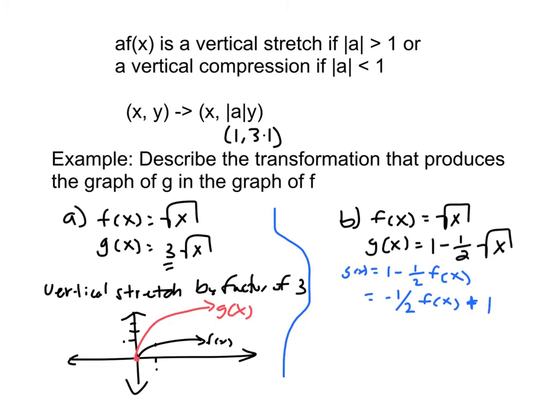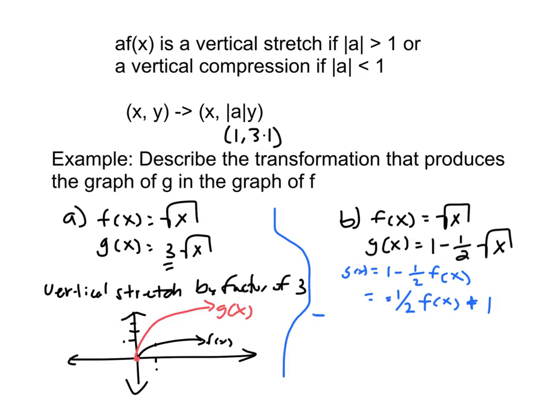All right. So now I have negative 1/2 f of x in the front, and then plus 1. So there's more going on. There's actually 3 things happening here. The first thing that you might see, starting on the left and then we'll move right, is that negative sign out front.